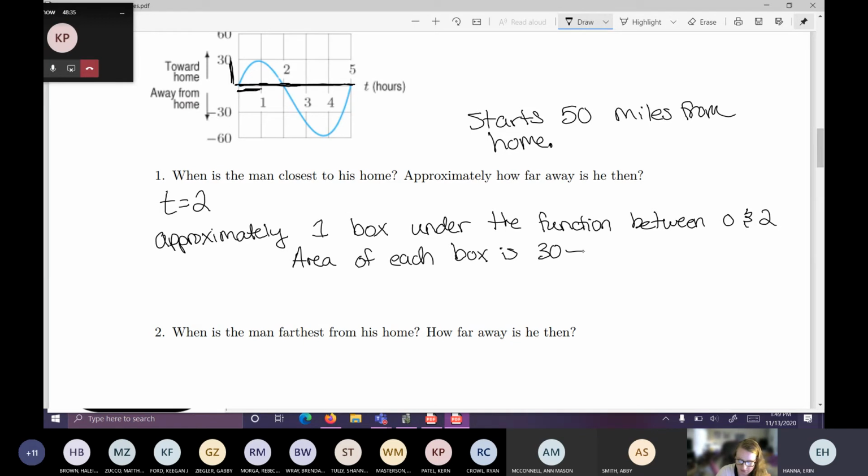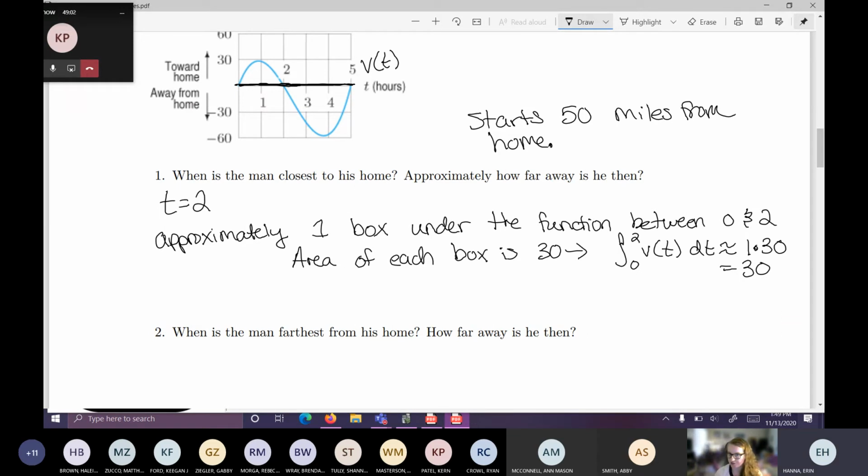Let me call the function v of t for the sake of what I'm about to write down. If we wanted to consider the integral of v of t, this would be approximately 1 times 30, so the amount of boxes times the area of each box. So approximately 30 would be the area underneath that function between 0 and 2.